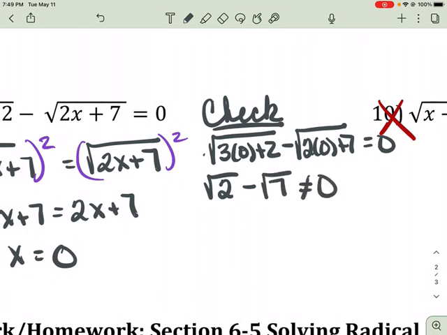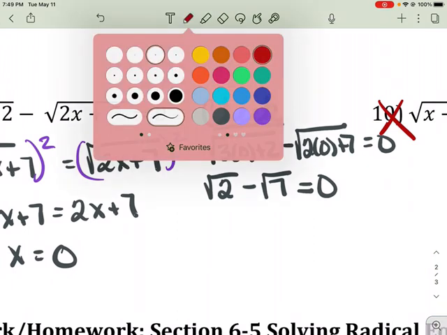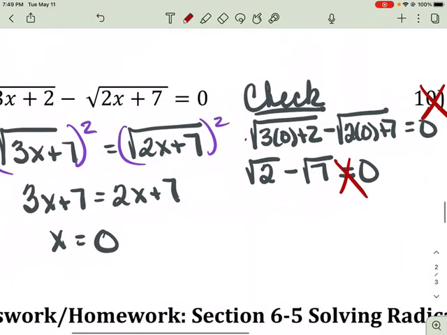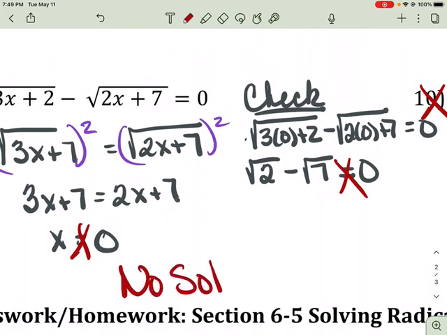I don't think that's equal to 0. Okay, so that is definitely not equal to 0. So this would be no solution. We get a lot of these no solutions. Now, again, that doesn't mean you just write no solution, guys. You do need to show all your work and why it's a no solution.